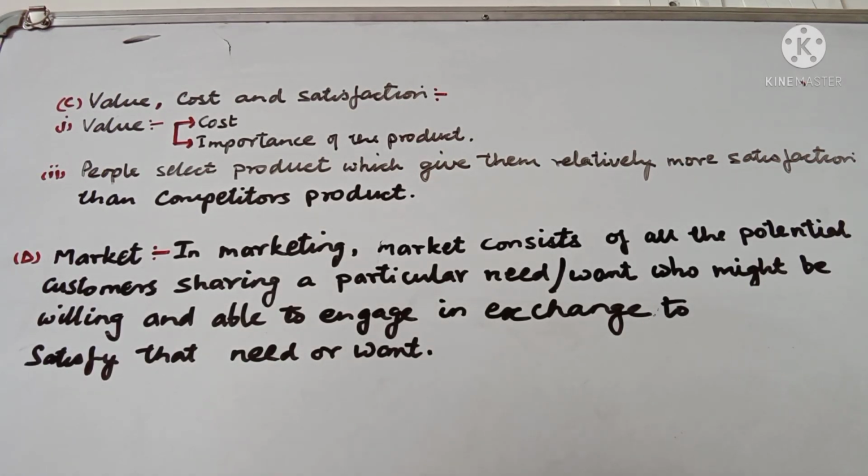People generally select those products which give them relatively more satisfaction than the competitor's product. As I've said earlier also, we Indians are a very price conscious society. The price becomes the deciding factor in the selection of the product.